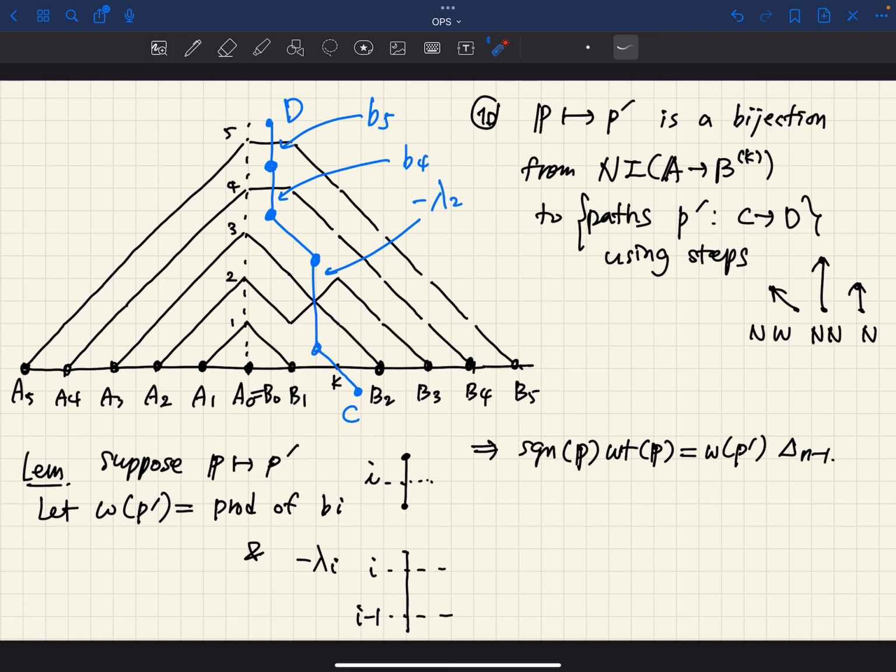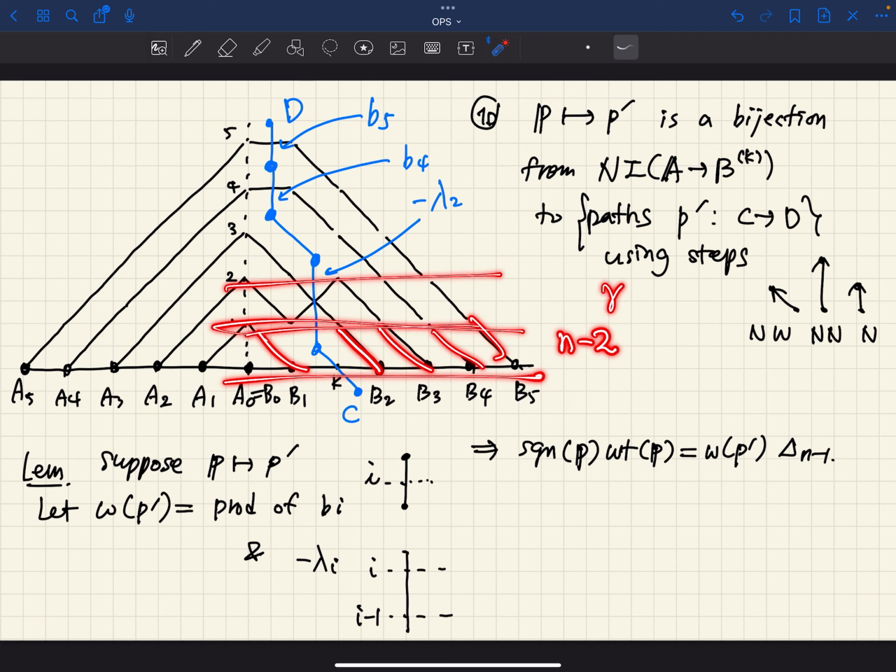But just pretend that here we have n minus 2 down steps in level 1, and here we have n minus 1 down steps, etc. So that gives us this.